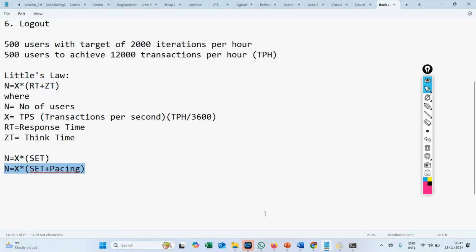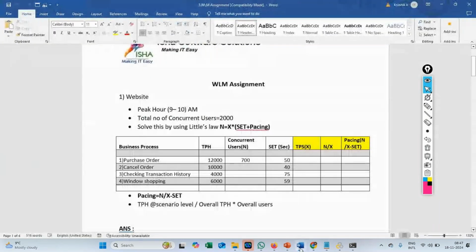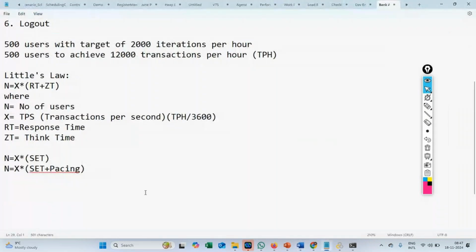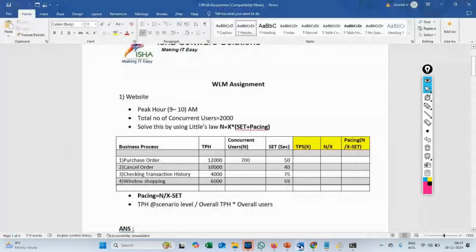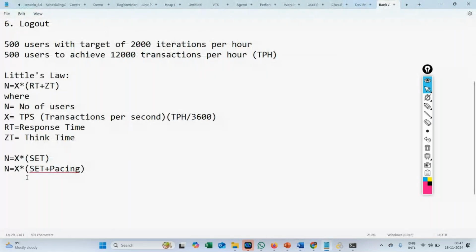And then you can tell that it can be further enhanced to something like this so that you can calculate pacing easily. What you can do is bring the right hand side value to the left hand side, and you can write N by X and all that stuff.